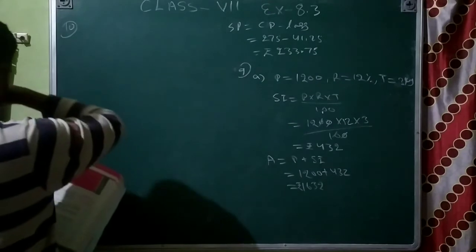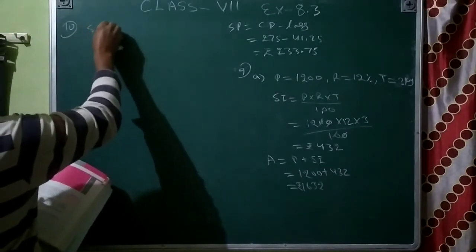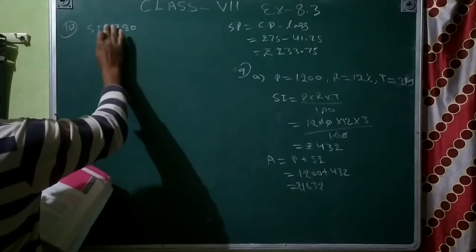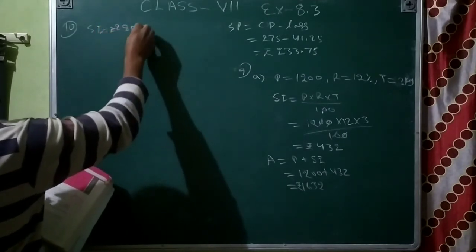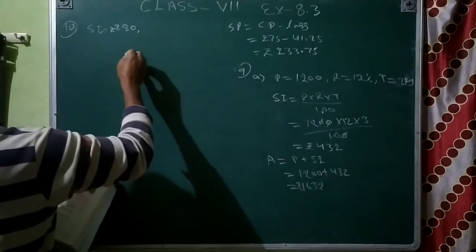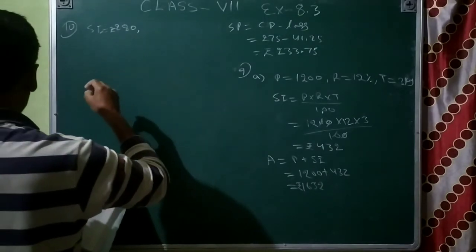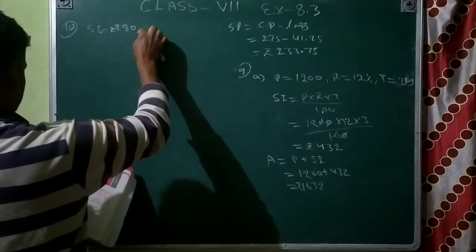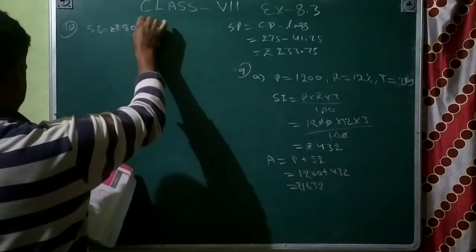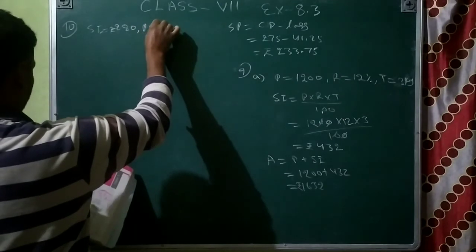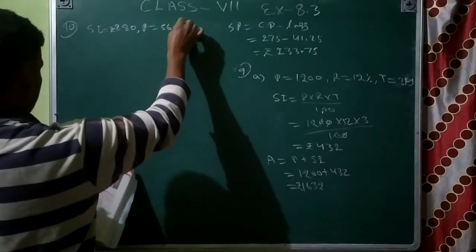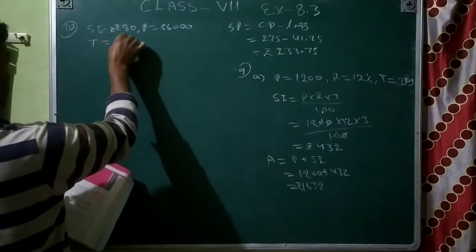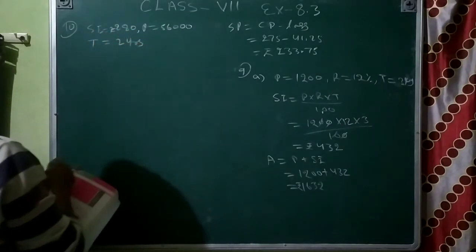So that SI is equal to 280 rupees, and P is equal to 56000 and T is equal to 2 years.